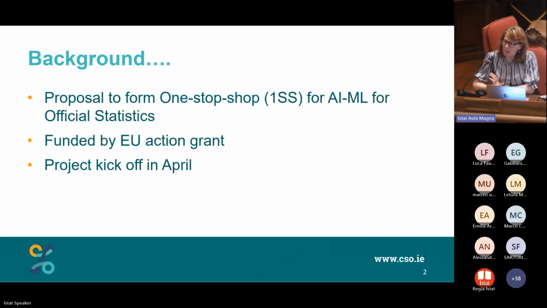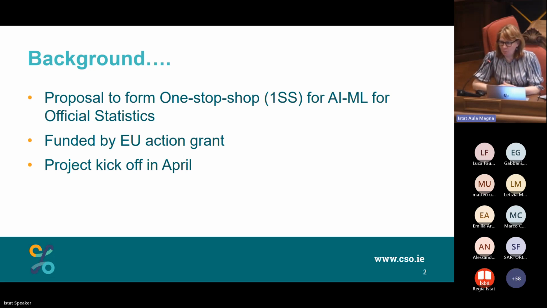So just to give you a little bit of background on the project that I'm going to talk about. About 18 months ago, Eurostat put out a call for a grant to set up a one-stop shop for AI and machine learning for official statistics.